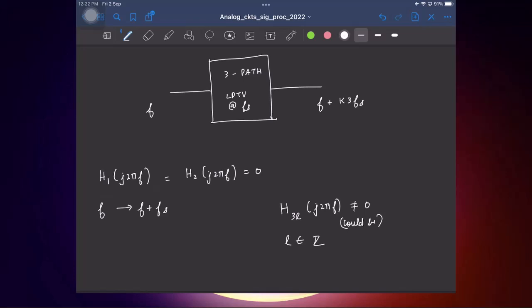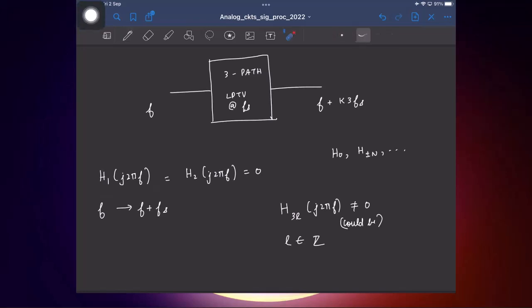Okay. And similarly for the n-path case, only the harmonic transfer functions h0, h plus or minus n and so on will be non-zero, and all other harmonic transfer functions will be 0. Okay.